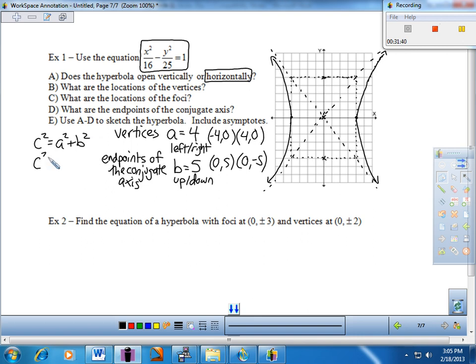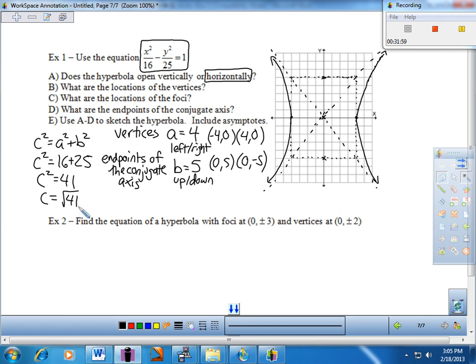And so let's go ahead and, again, nice thing about this standard form, how great is that? They're right there. 16 is a squared. 25 is b squared. I'm getting a c squared is 41. Undo the square right there. If you want to do a plus or minus, that's perfectly fine. That's your call. Obviously, it is one to the left, one to the right.